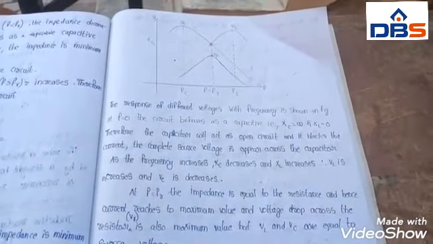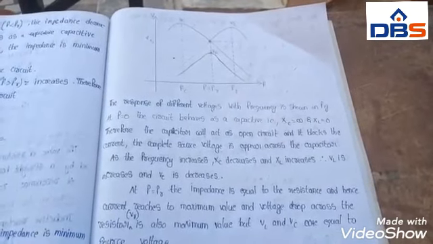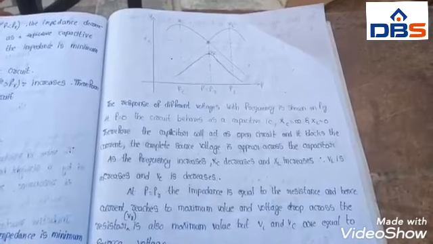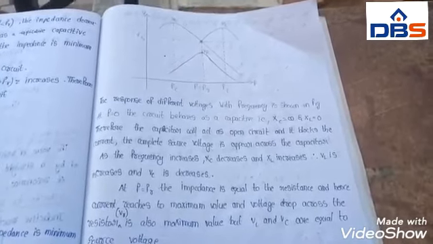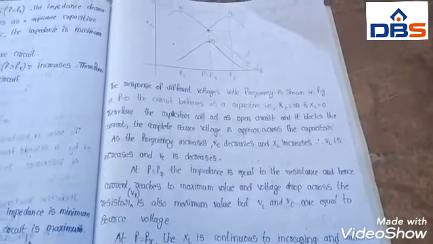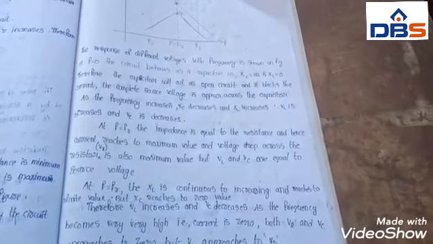Below resonant frequency, the circuit behaves as a capacitor. As the frequency increases, XC decreases and XL increases. In a similar manner, VL increases and VC decreases.